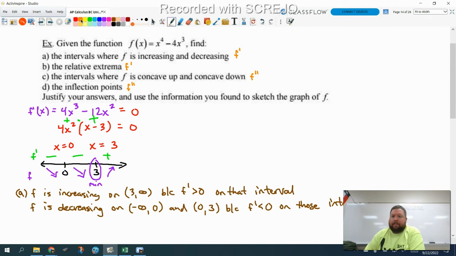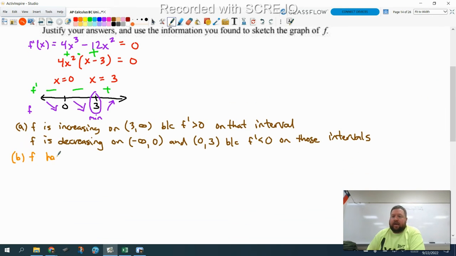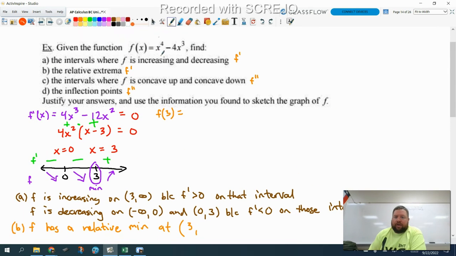Part B. F has a relative min at 3, comma, and then I need the y value. So we're going to do f of 3, which is equal to 3 to the 4th power.